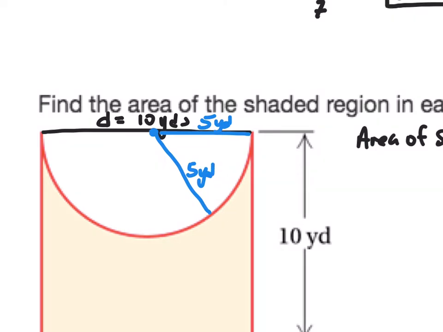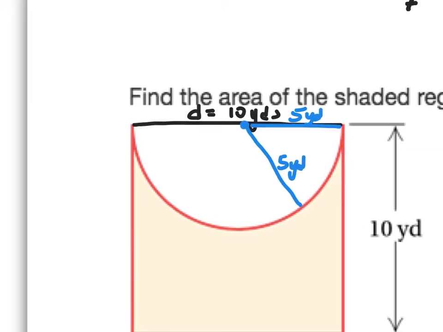The other thing is the formula for a half circle. A half circle has the formula area is equal to pi r squared, and then we divide that by 2, just because we're finding half of the circle. We're taking the whole area and finding half of it, meaning we're dividing it by 2.